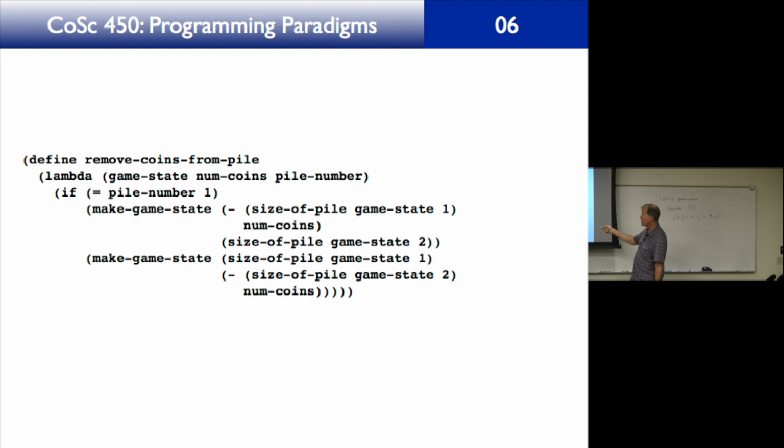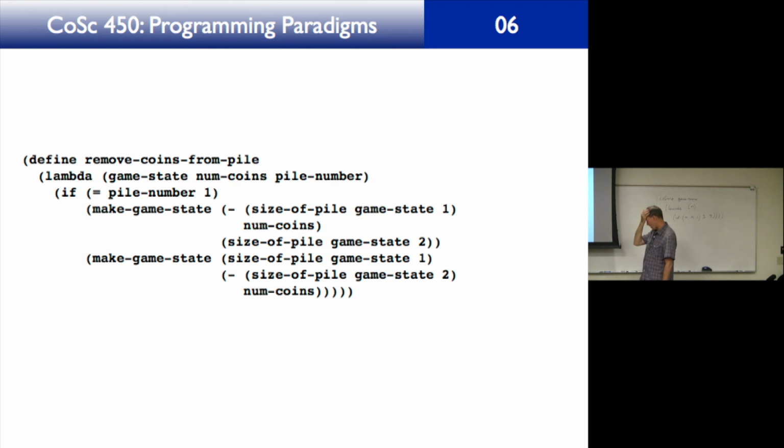So this remove coins from pile just calls what? Make game state and size of pile. So if those work, this does it. Is that slick? Just by changing those two definitions, those two implementation things, the whole thing works.